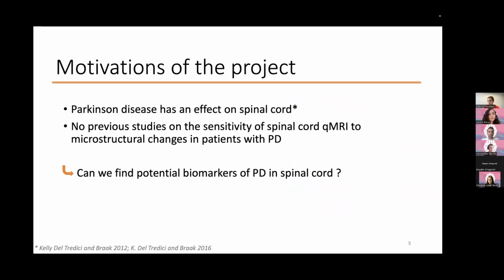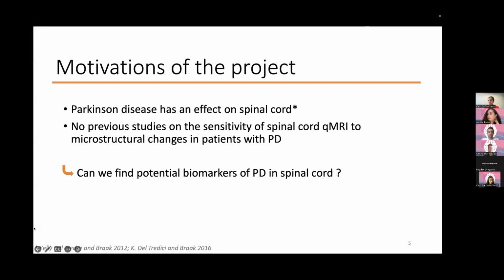The motivation of this project was that previous studies have shown that Parkinson disease has an effect on the spinal cord, but no previous studies had been made on the sensitivity of spinal cord quantitative MRI to the microstructural changes in patients with Parkinson disease.